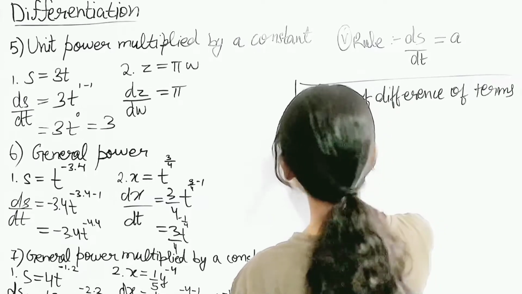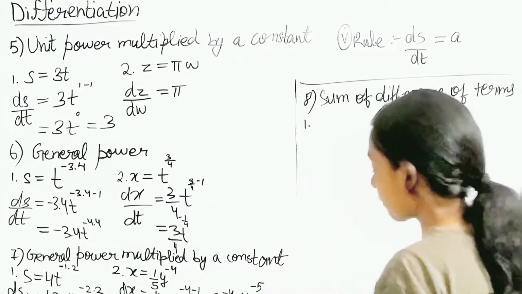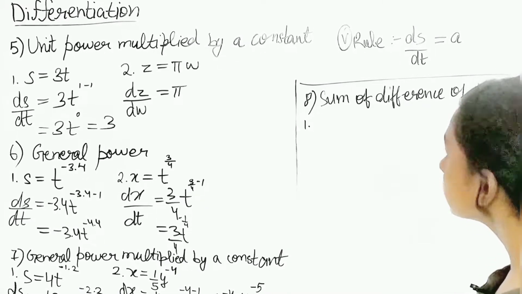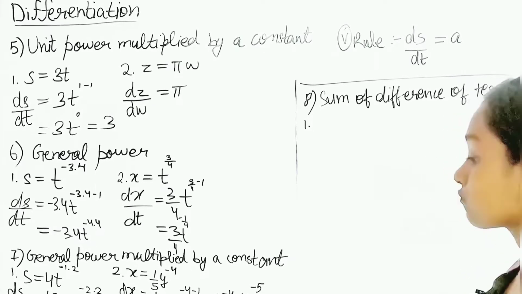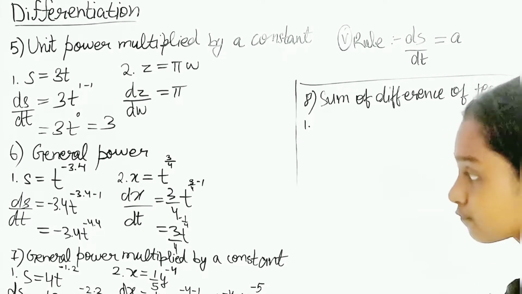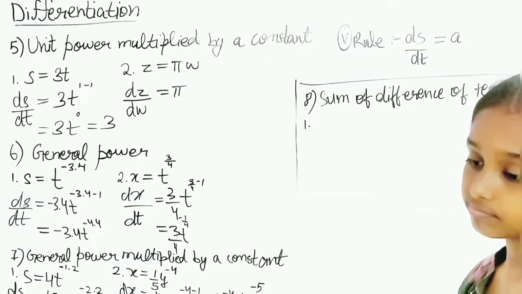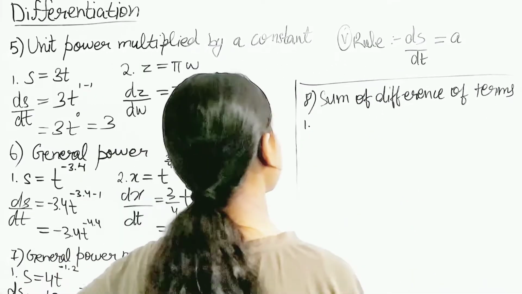So let's take an example. Which example should I take? Some are sum, some are difference of terms. Which one should I take?